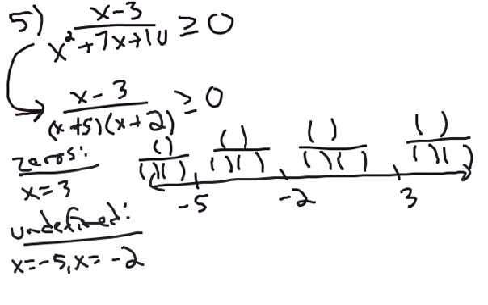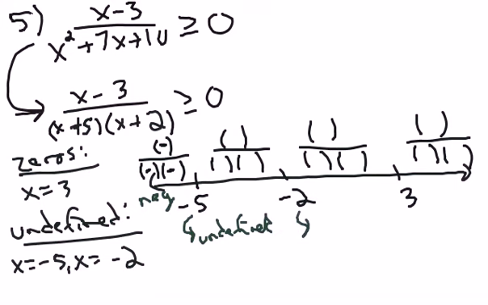So for example, I can pick negative 6 in this region. That's a number less than negative 5. So negative 6 minus 3 is negative. Negative 6 plus 5 is negative. Negative 6 plus 2 is negative. A negative divided by a negative is a positive, times a negative is a negative. So this is negative. Let me make a note that this is a point of undefined.